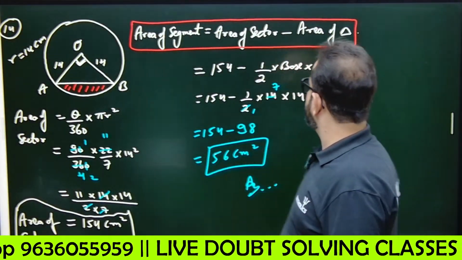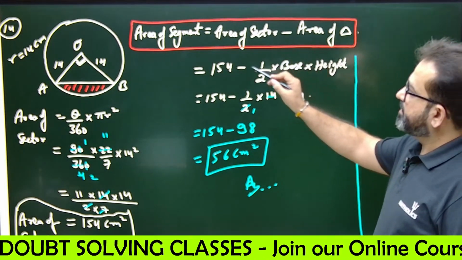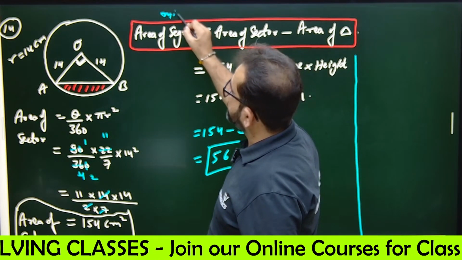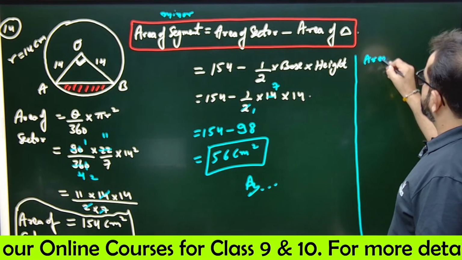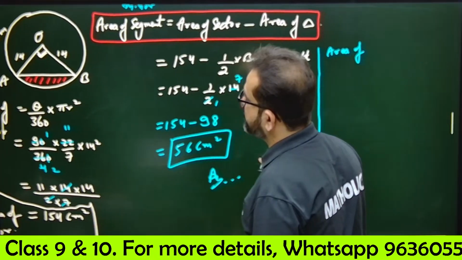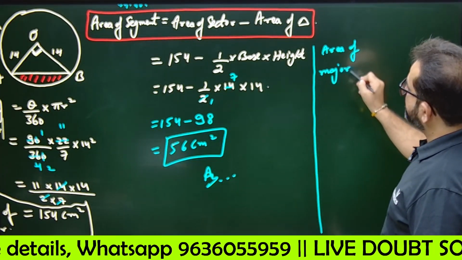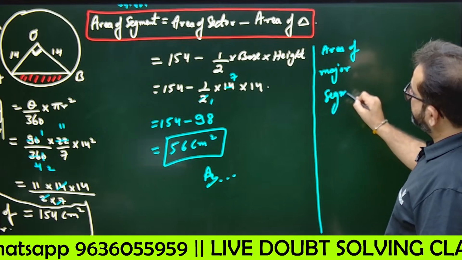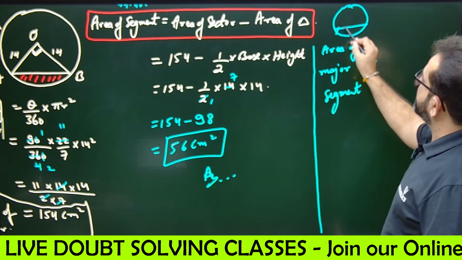Area of major segment, how to find? Okay, do it right now. This is area of segment, but minor one, minor segment. So area of major segment will be equal to area of major segment. Can anyone tell me in the comments? Area of major segment will be complete circle minus this thing.